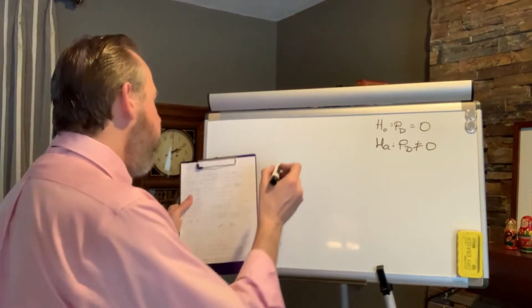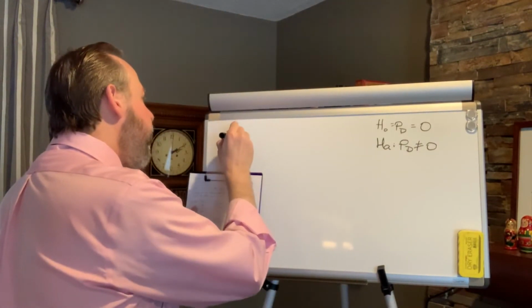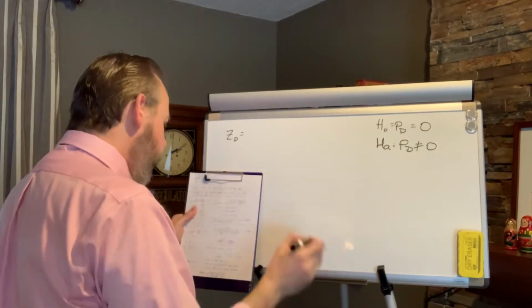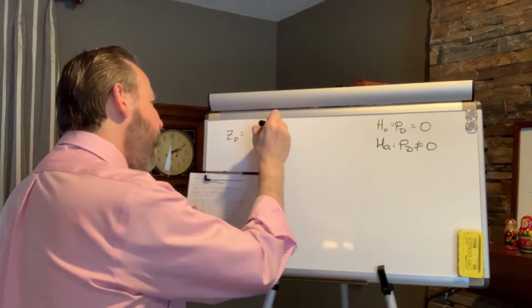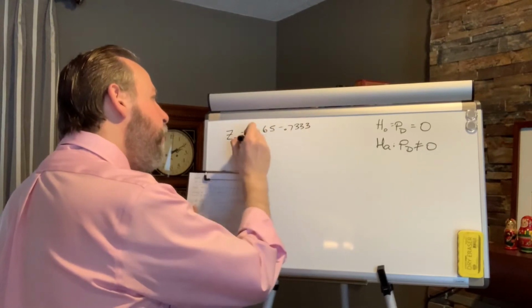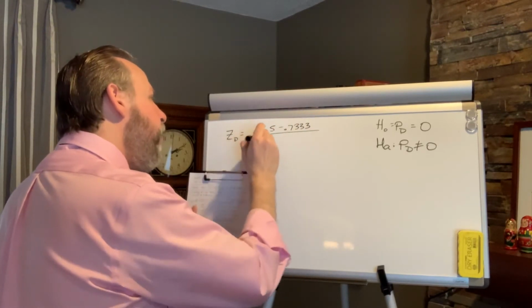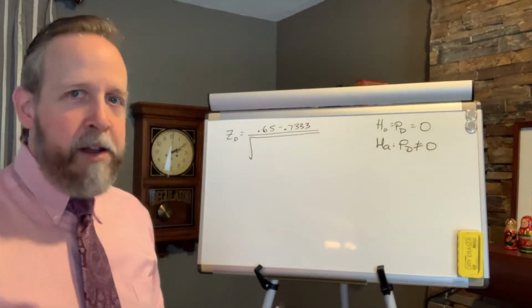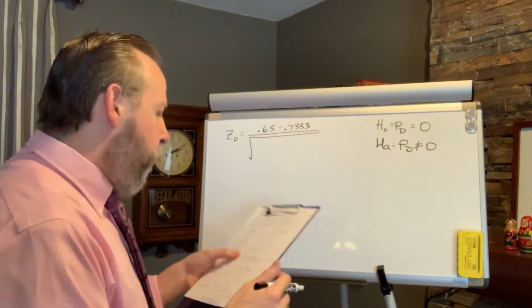The equation for the z-score of the difference: the numerator is 0.65 minus 0.7333, over the square root of, and this is where p hat combined, q hat combined comes in. We already found them.